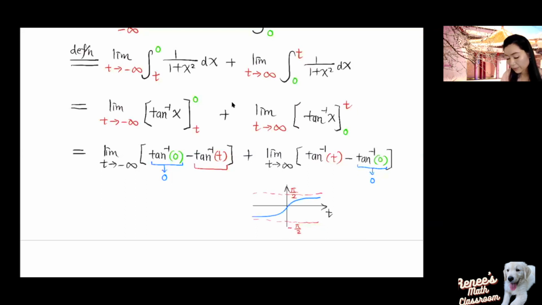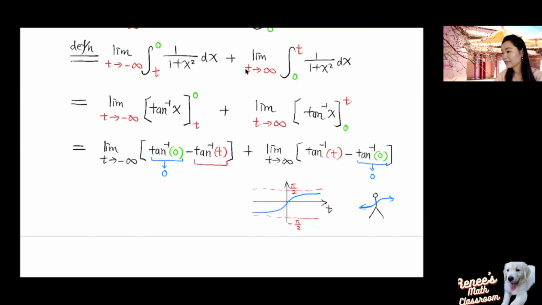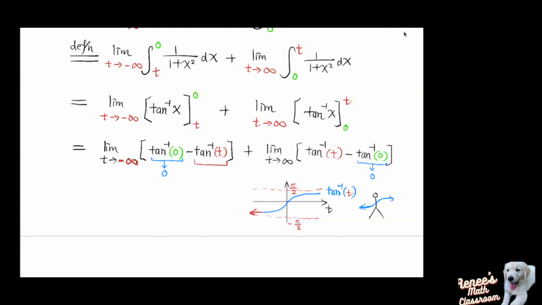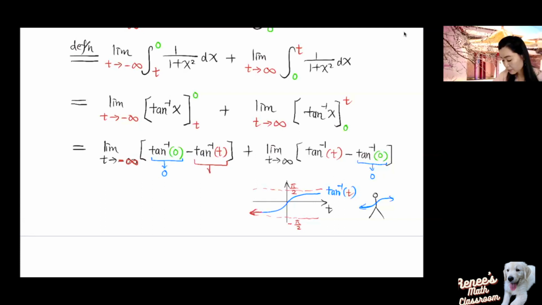Remember our dance move? So this is the graph for arctangent of t. When t goes to negative infinity, we go to this side. So what does inverse tangent go to? Negative pi over 2? Yes. So this one goes to negative pi over 2.